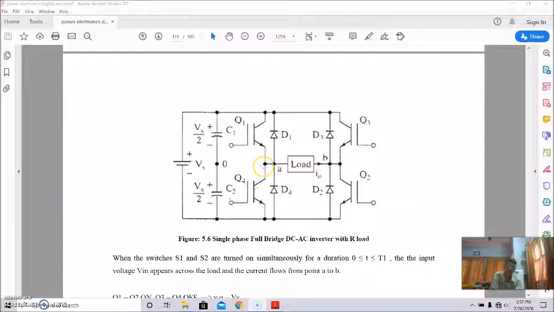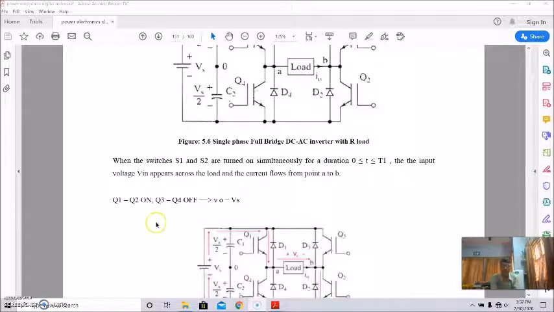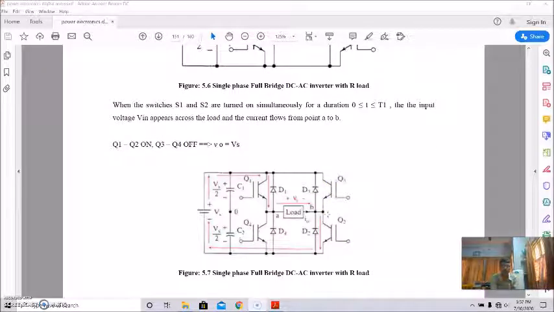Now when switches S1 and S2 are turned on simultaneously, as I told you, during the duration 0 to T1, the input voltage Vs appears across the load, and the current flows from point A to B. In that case, Q1, Q2, that is switches S1 and S2, are on, and Q3 and Q4, that is S3 and S4, are off, and the output voltage will be positive, the source voltage Vs. This is the path, and these two switches are on.